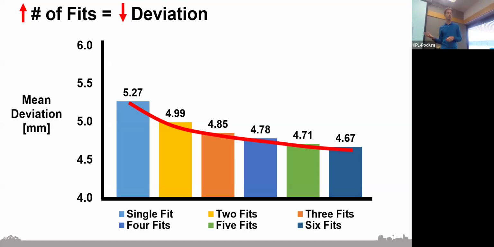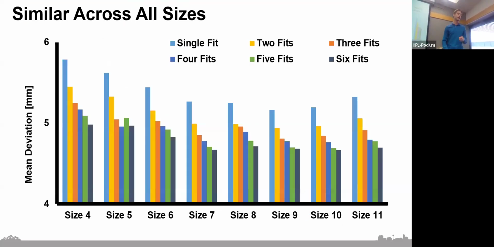So when we think about the footwear industry, it's not necessarily feasible to manufacture, distribute, and sell 100 different skate fit options for all the different foot shapes we could see. So this data helps us see where that sweet spot might be for skate companies. We see similar success in improving our deviation metric across all sizes, sort of showing that our methods work well regardless of the data set we use.